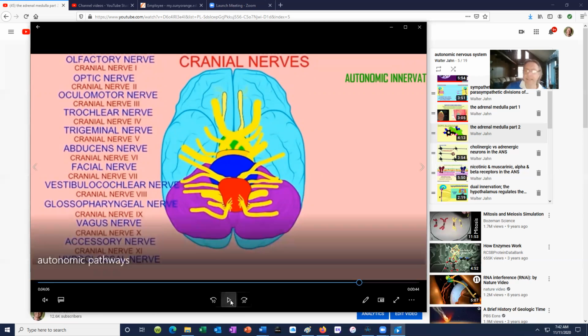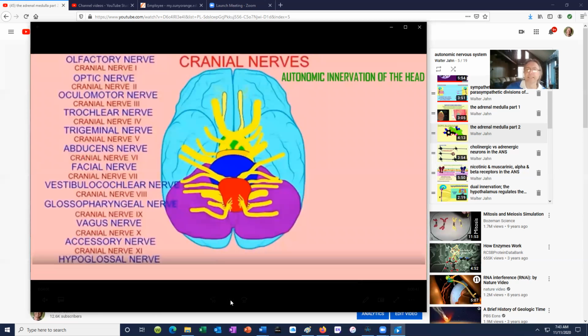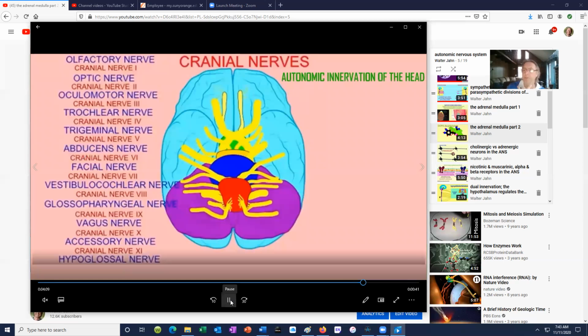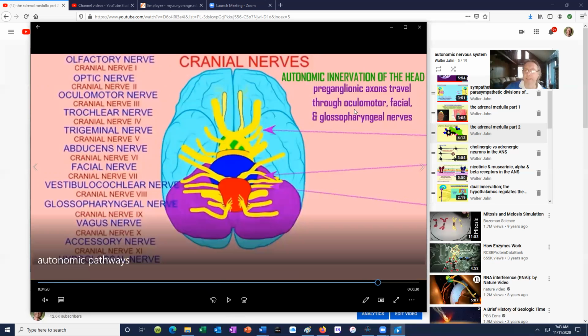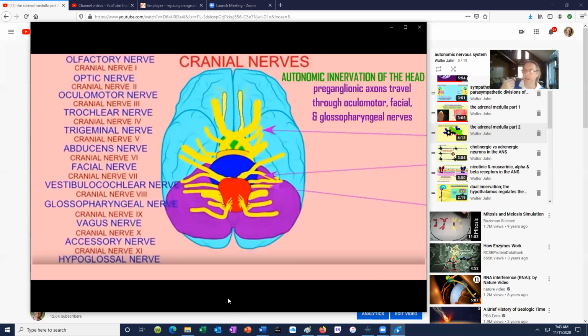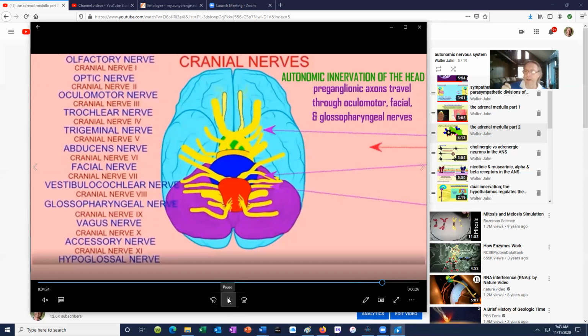One last thing is in the head, that's different. So we do send autonomic commands to the head. We dilate our pupils, we make saliva, etc. And so preganglionic axons leave the brainstem and travel through several cranial nerves, the oculomotor, the facial, and the glossopharyngeal nerves. They then send their preganglionic fibers to ganglia in the head region.